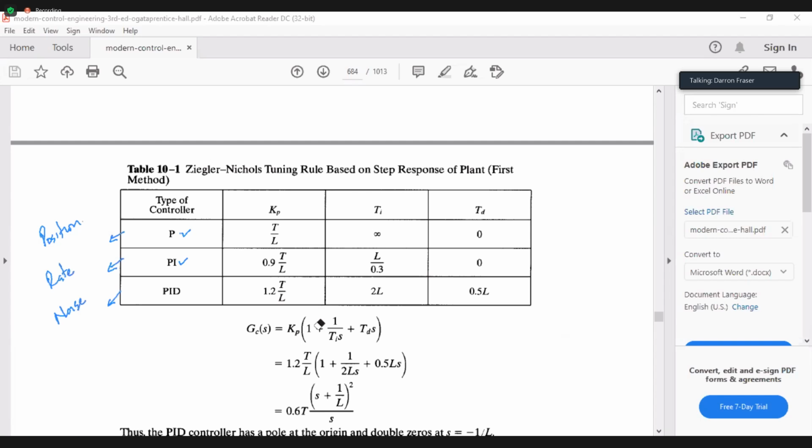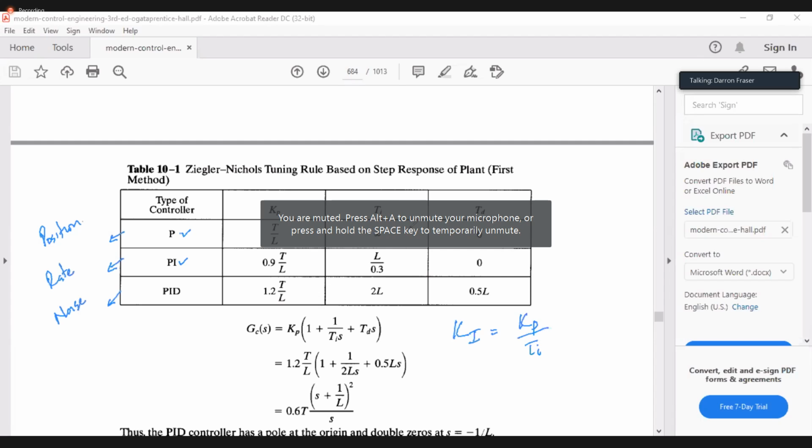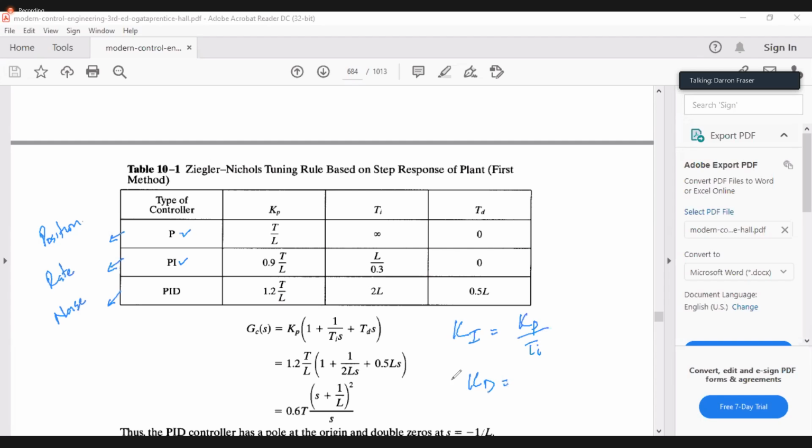If you look inside here, let me just write it down. That KI is going to be equal to KP divided by TI. That you determine here. And KD is going to be equal to KP times TD.